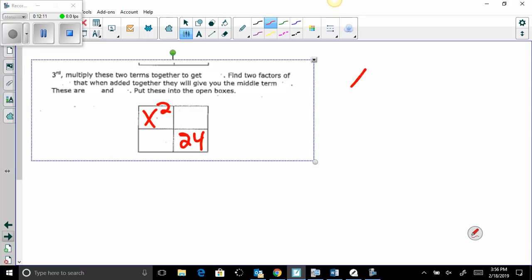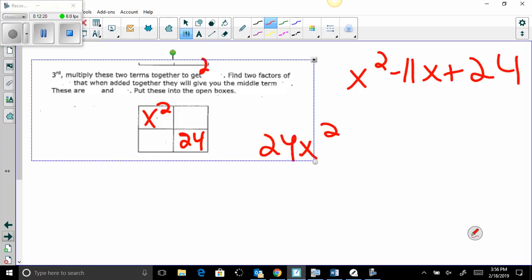I'm going to rewrite this trinomial just so I have it. All right, multiply these two terms together. They multiply to give me 24x squared. Find two factors of 24x squared that when added together will give you the middle term, which is negative 11x.